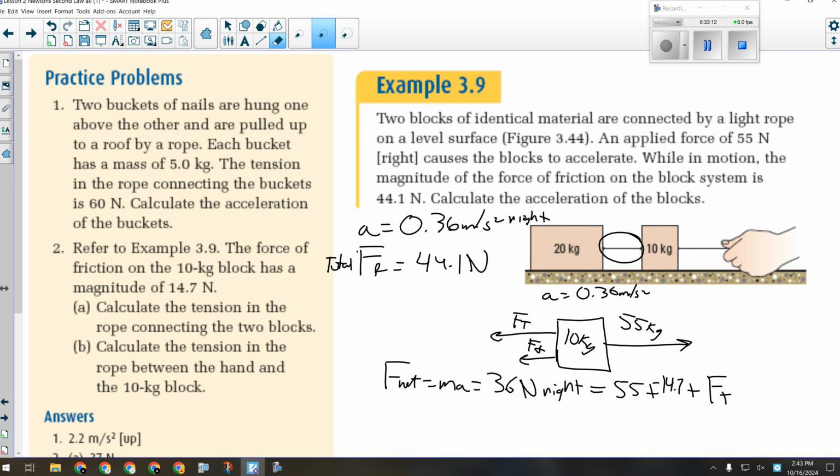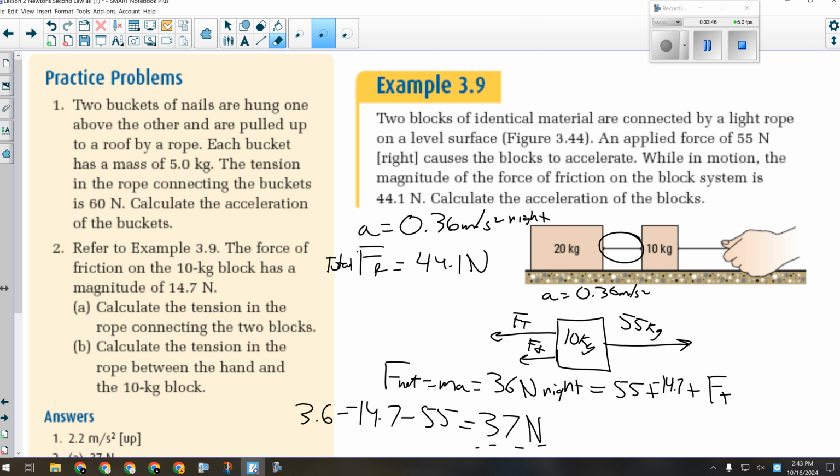It's resisting. So if I want to find this force, can I subtract these two forces over to this side? Okay, so I'm going to have 3.6 minus negative 14.7 minus 55. When I do that, I should get 37 to 2 significant digits. Right? I think so. 37 newtons left.